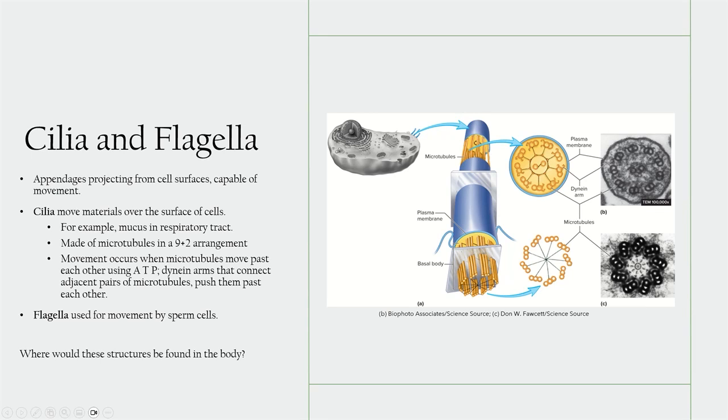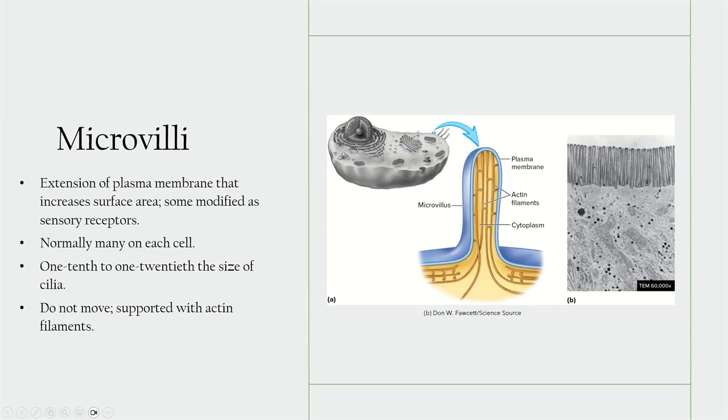So, here's the question: where would you find these? Maybe try to find examples of where they're found outside. But yeah, there's also microvilli, right? So there's little ones here. Increases the surface area as well. Can be a sensory receptor. They're on almost every single type of cell. They're smaller than the cilia. They don't move.